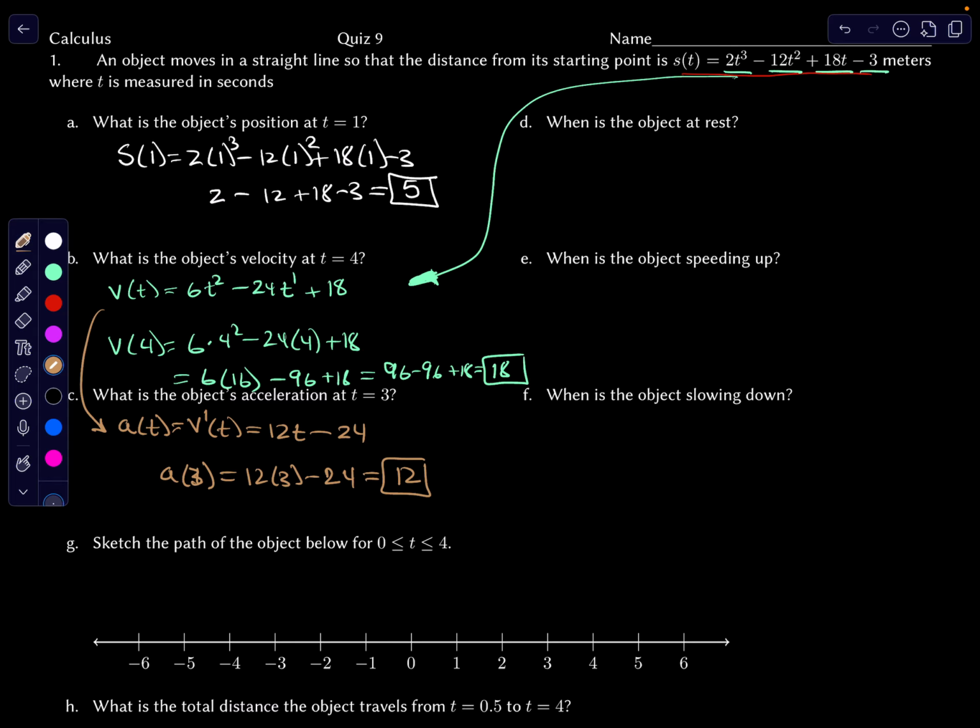Next, when is the object at rest? That is when the velocity is equal to 0. So I want to know when is the velocity equal to 0. So that's going to be 6t squared minus 24t plus 18. Set that equal to 0. Factor out the 6.